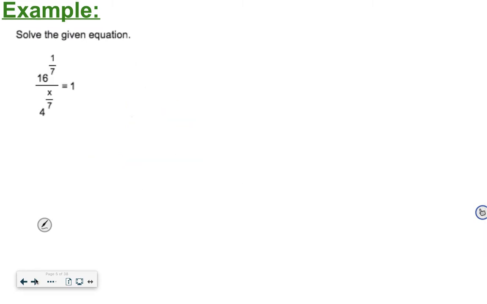Next question. In this question, ladies and gentlemen, look at this. 16 to the power 1 over 7 over 4 to the power x over 7.